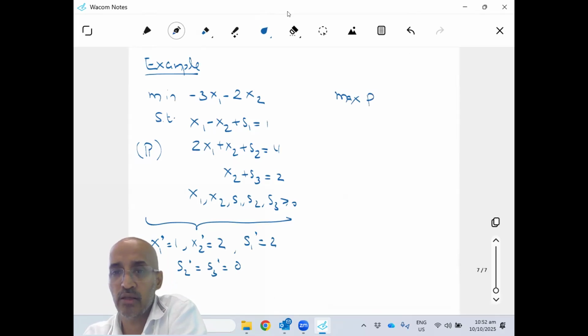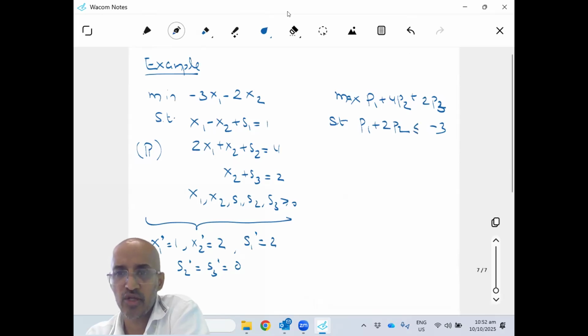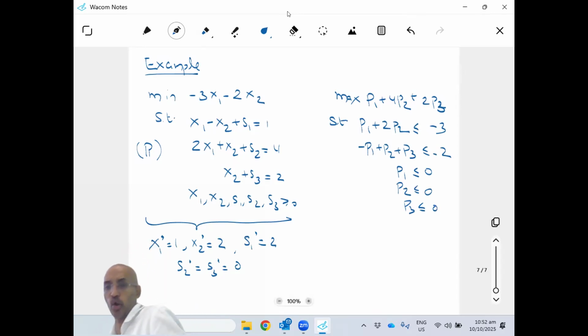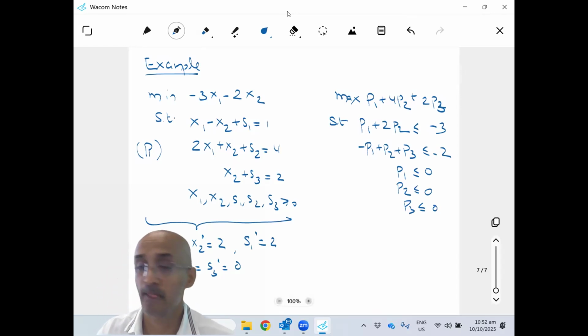I maximize P1 plus 4P2 plus 2P3, subject to P1 plus 2P2 less than or equal to minus 3, minus P1 plus P2 plus P3 less than or equal to minus 2, P1 should be less than or equal to 0, P2 should be less than or equal to 0 and P3 should be less than or equal to 0. Okay. So I should not have made any mistake, but this is the dual formulation.